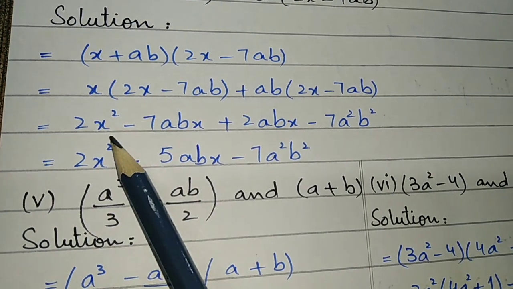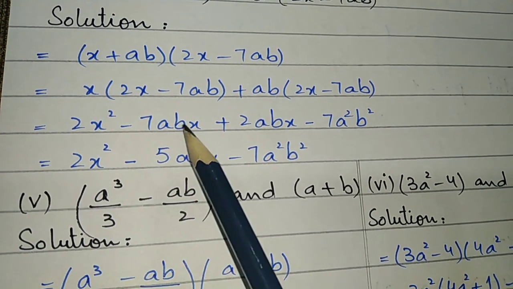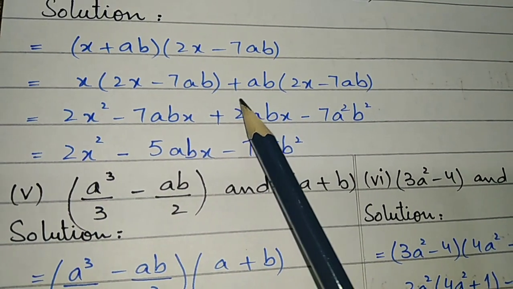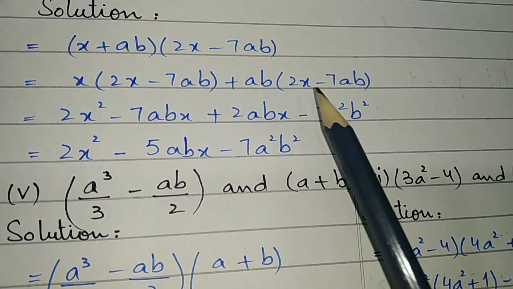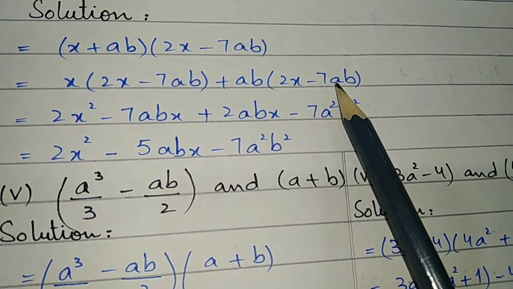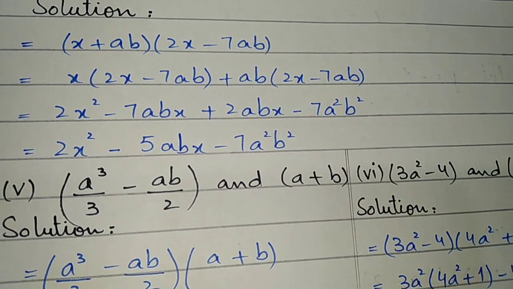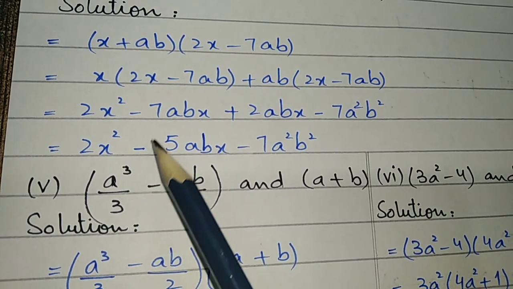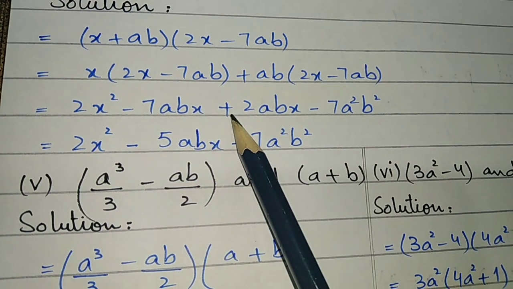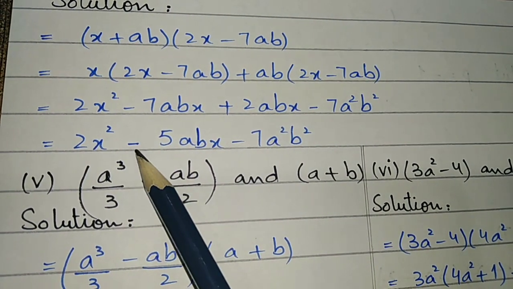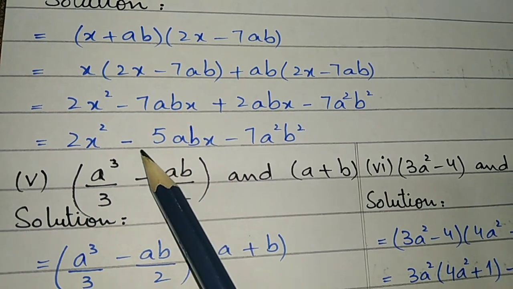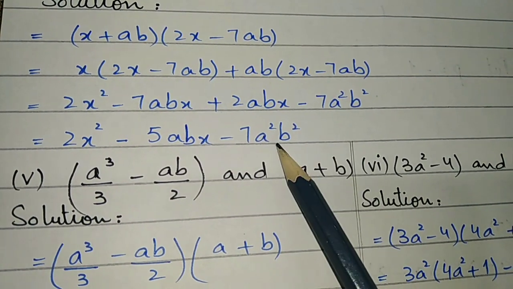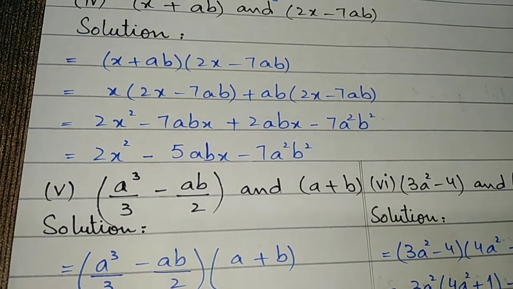Now 2x square, negative 7abx, positive 2abx, minus 7a square b square. Now 2x square, negative 7 plus 2 is 5, and the sign of the larger term, that is negative 5abx, negative 7a square b square, is the answer.